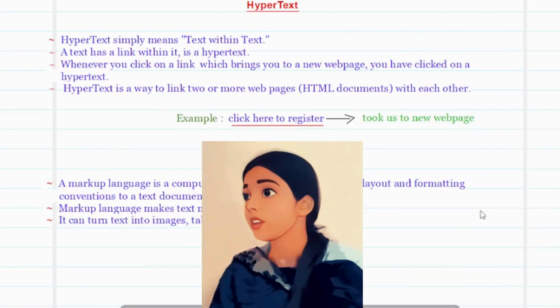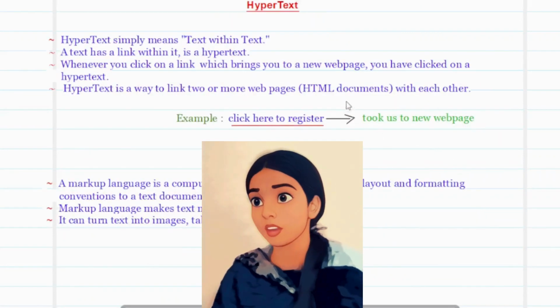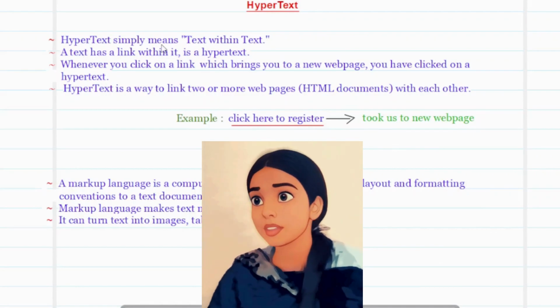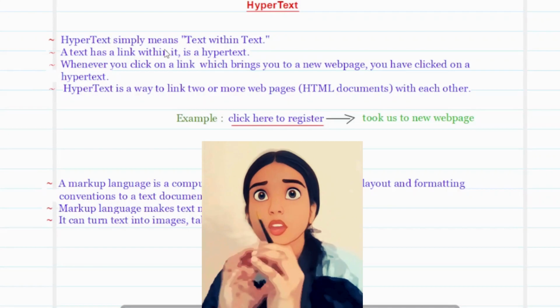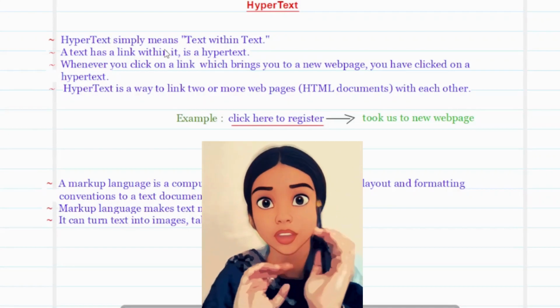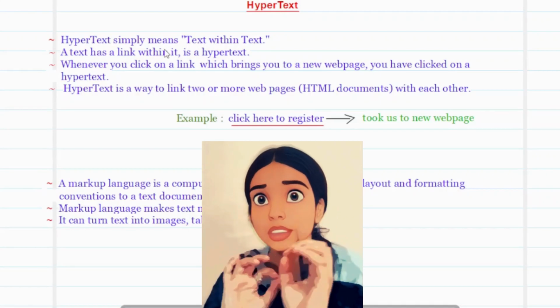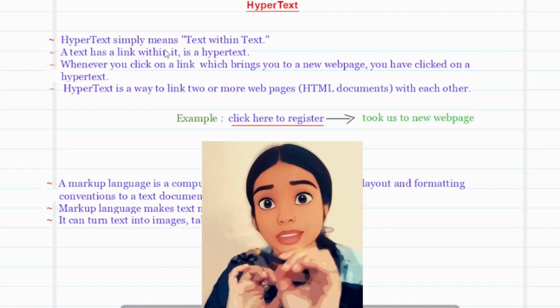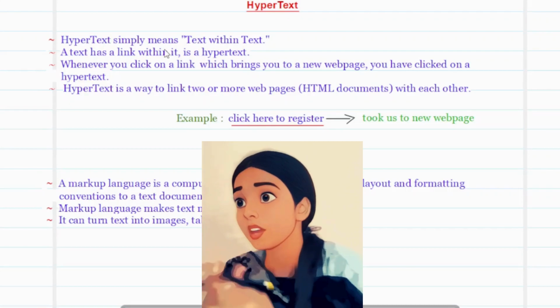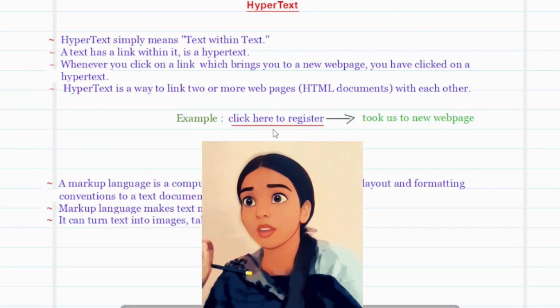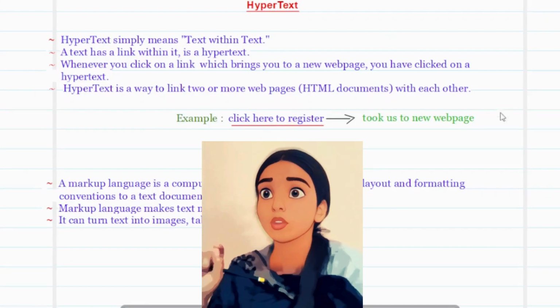And now next is about hypertext and markup language. Hypertext simply means text within text. For example, when we visit any website, sometimes we see they mention 'click here to register', and when we click on that button we go to the next page.